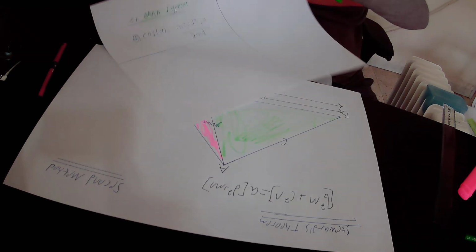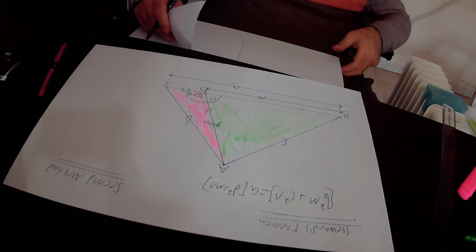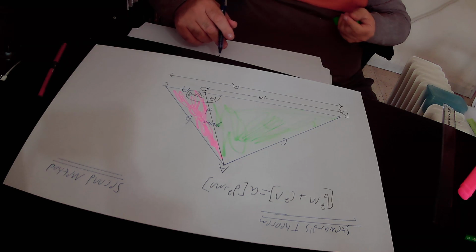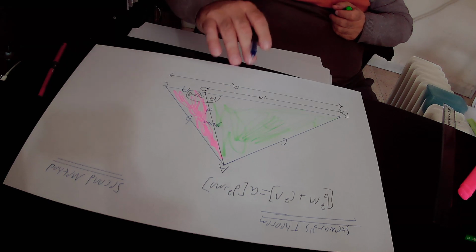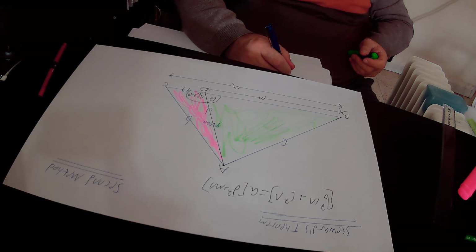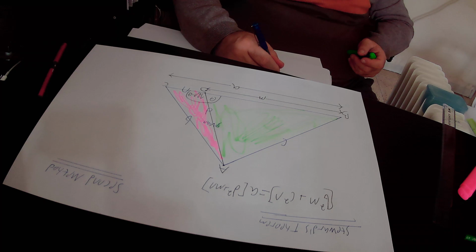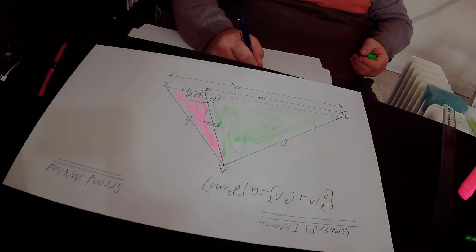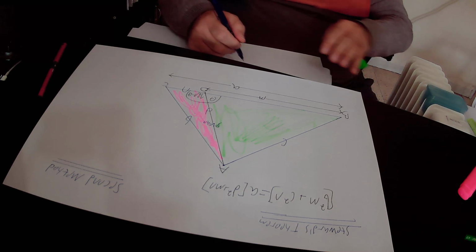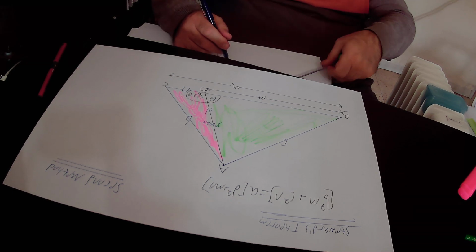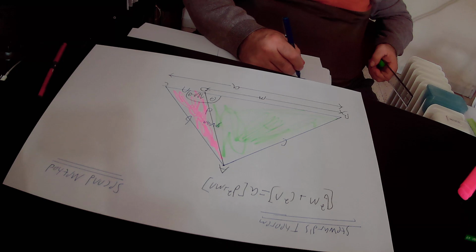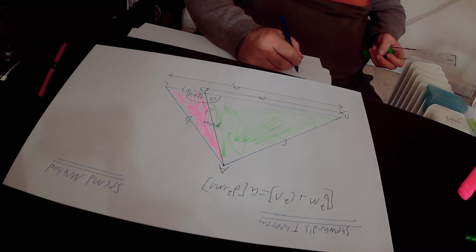In the next step, we'll implement the same law, the law of cosines, in the pink triangle ADC. This will be equation number 2.